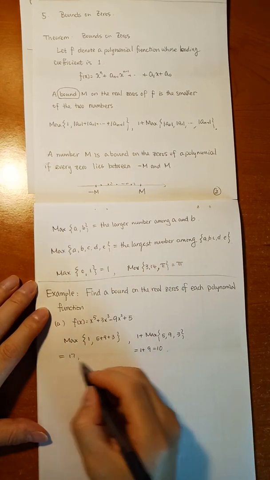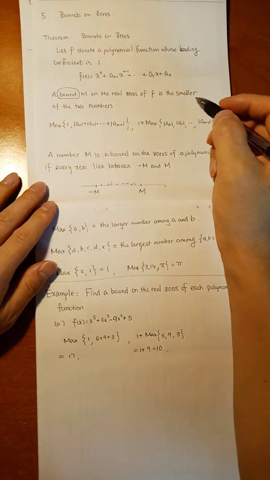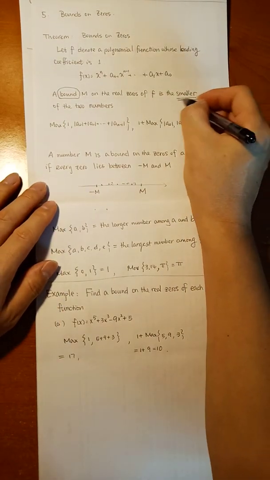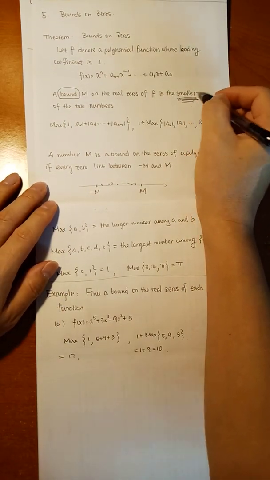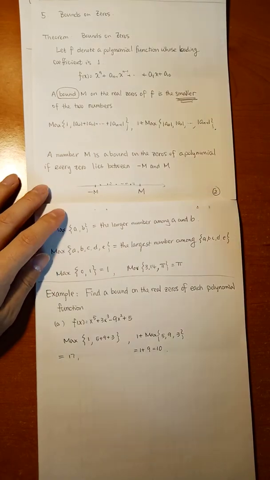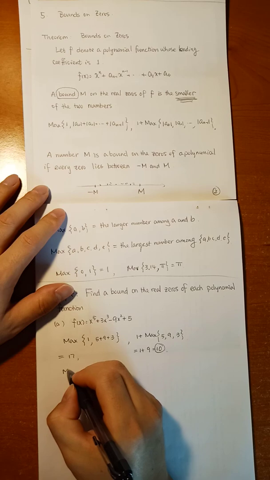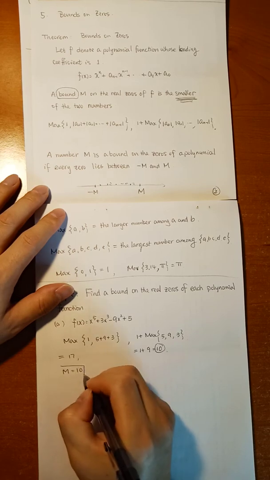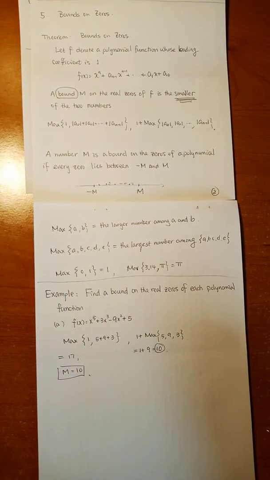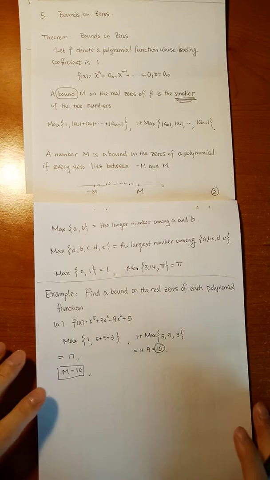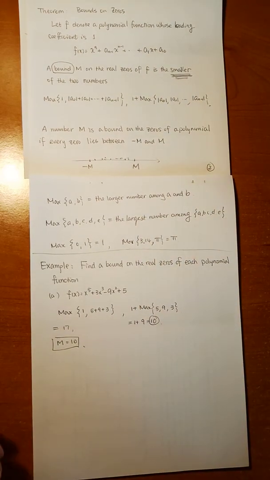So you have one number 17, one number 10. You choose the smaller of those two numbers, which is 10. So M is equal to 10. Okay, so that is the bound on the zeros.